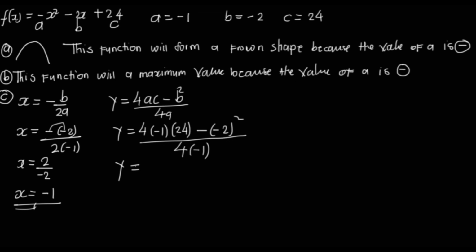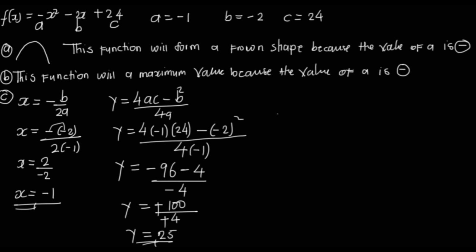So 4 times negative 1 is negative 4, times 24 is negative 96, minus negative 2 times negative 2, that's positive 4, over 4 times negative 1, that's negative 4. Then we can add the numerator, negative 96 minus 4 is minus 100, over negative 4. So we can divide, and we see that the value is 25.